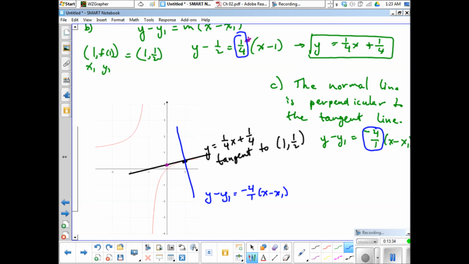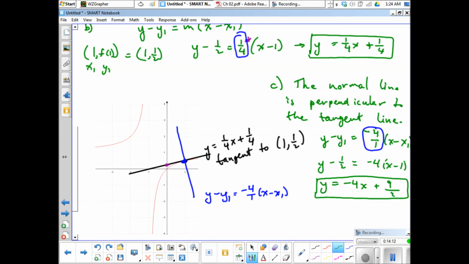Okay, and then we got to put in the x1 and y1. So what's x1 and y1? Well, it's a point that's on the line. And we're still passing through this point, 1 comma 1/2. So we're just going to put those numbers in. Okay, so it came out to be y equals negative 4x plus 9/2.